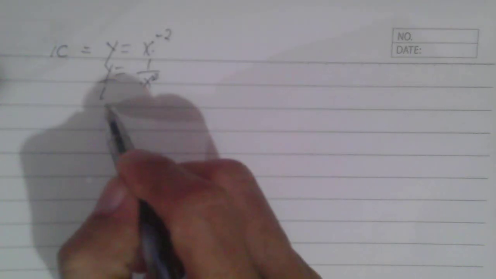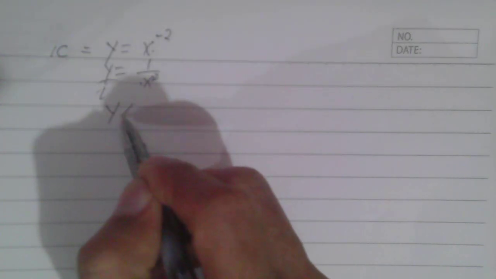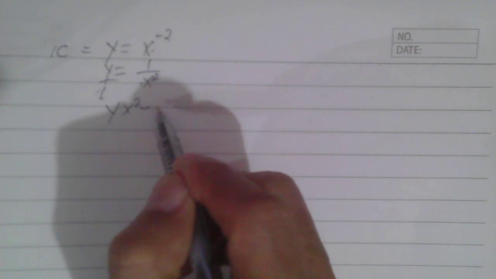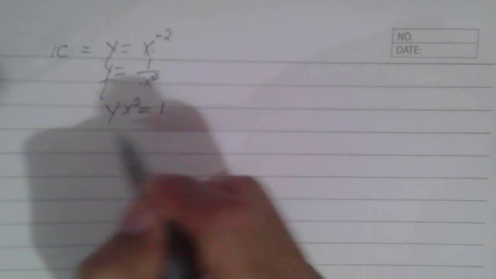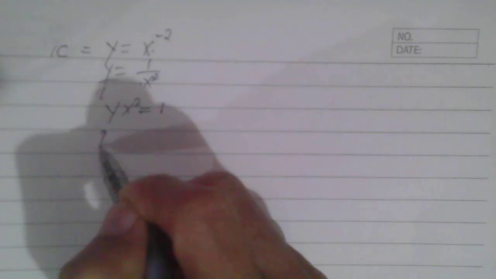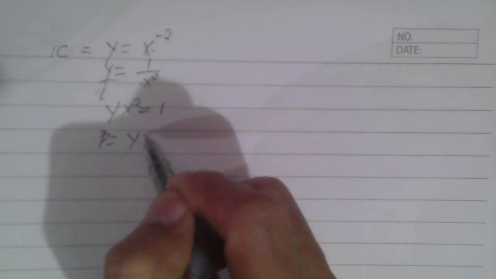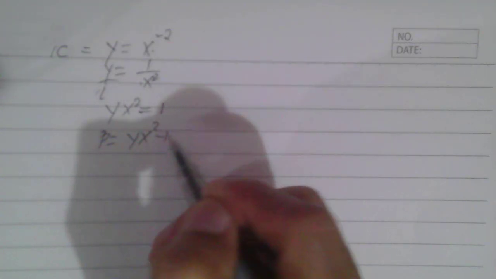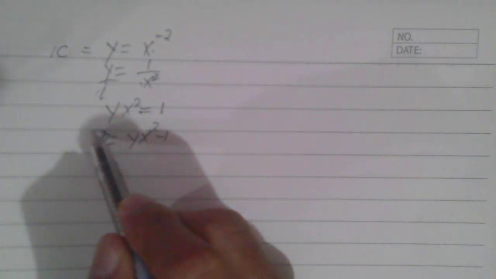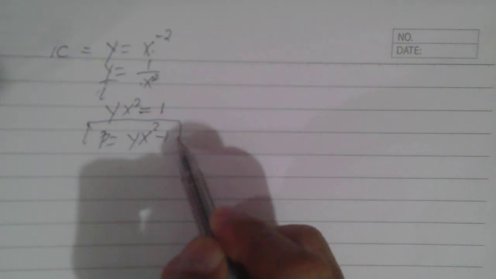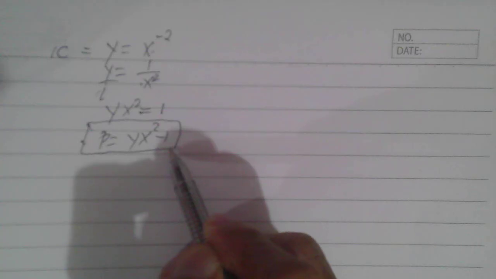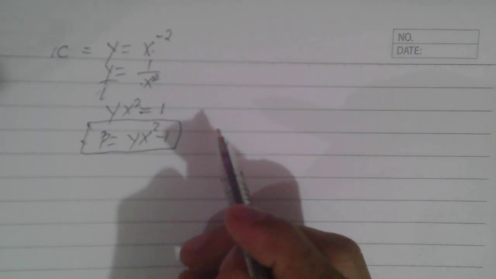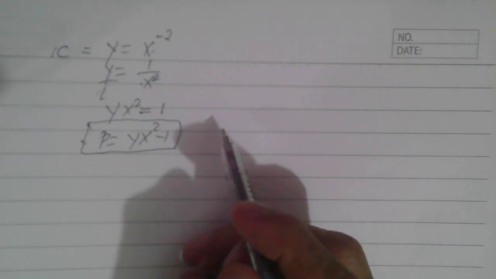If you cross multiply, you have 1 = y x square, minus 1 plus 1, or transpose to the other side, y = x square minus 1. So that is your utility function, the usefulness function or equation of the consumer.